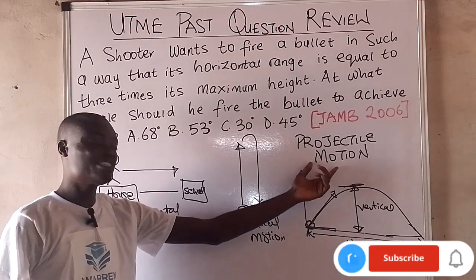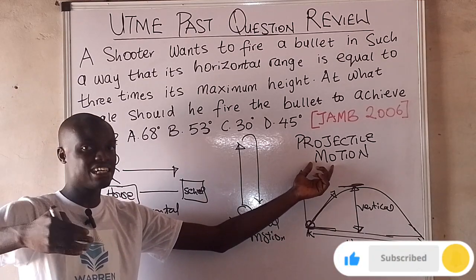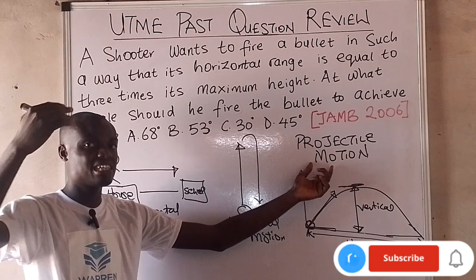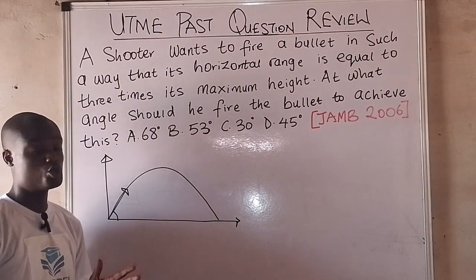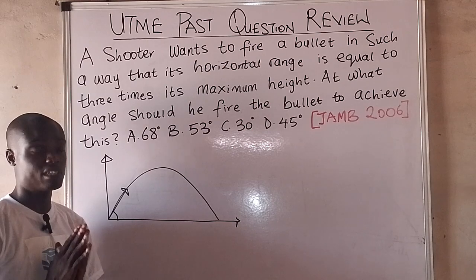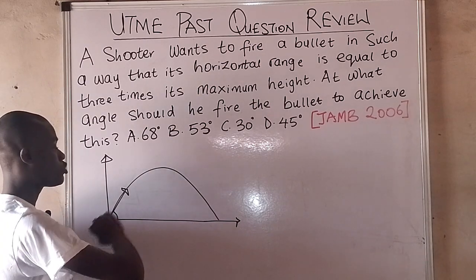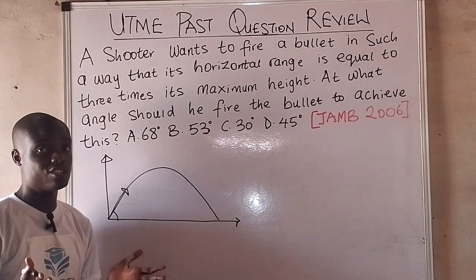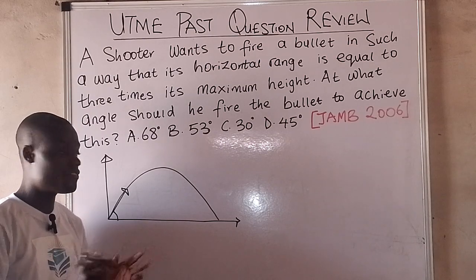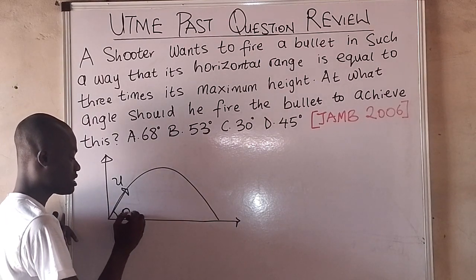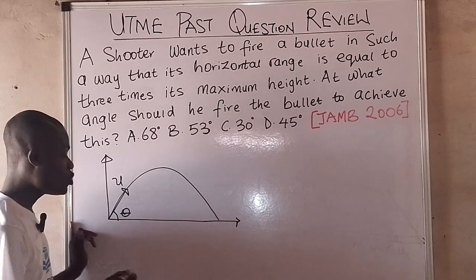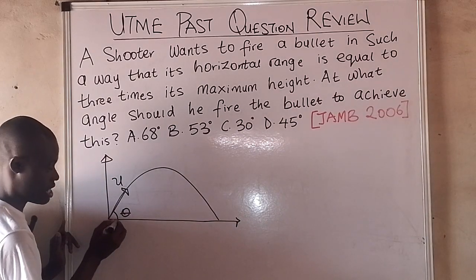Now, for a projectile motion, there are some things we should understand. There are 2 different cases of a projectile motion, but we are going to stick with one in this particular video. So if I project a body with a particular initial velocity, let's say u, at an angle to the horizontal, theta, mind you, you have an angle to the horizontal, which is theta.